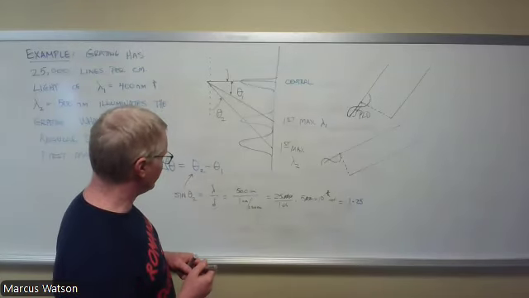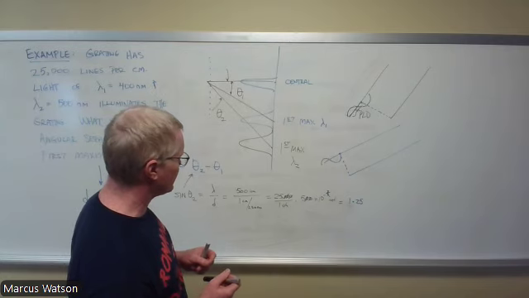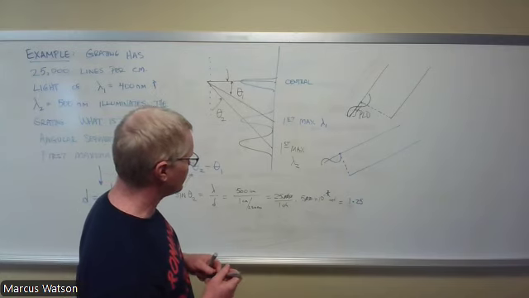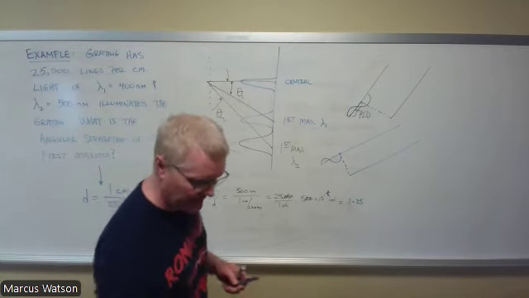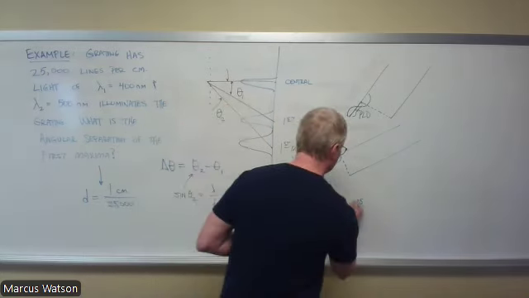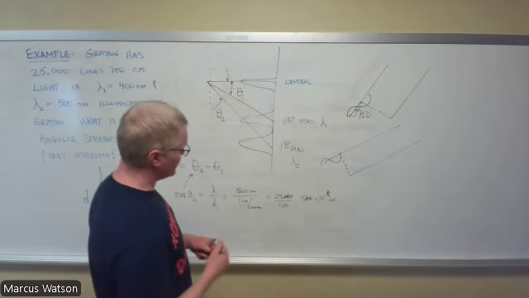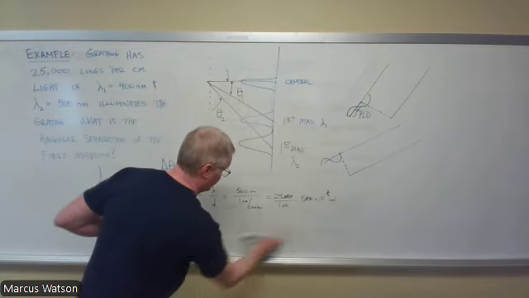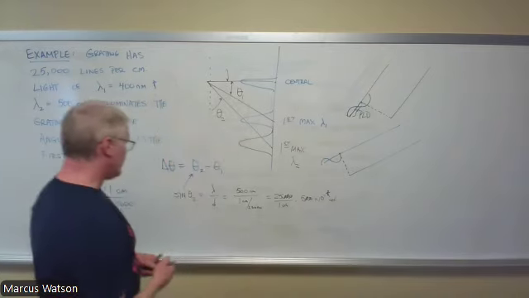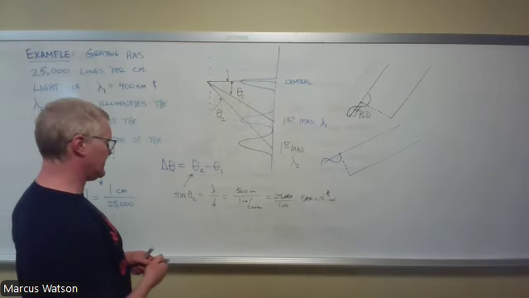That doesn't seem very good at all, does it? So I messed something up here. I wonder what it was. Oh well. You get some calculation here that you mess up, and you figure out what happened. D is 1 over 25,000. That's 5.